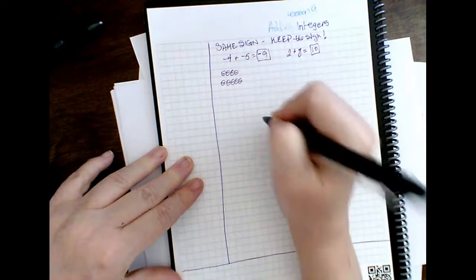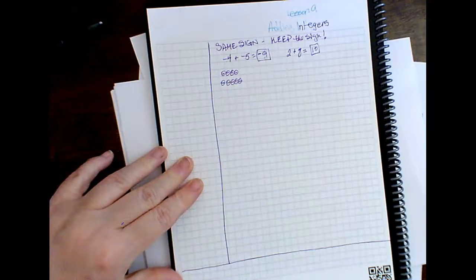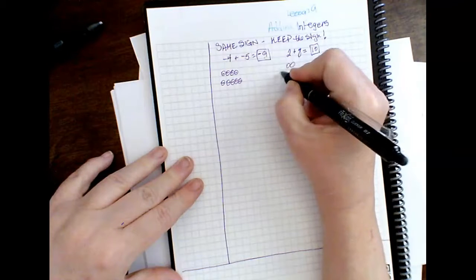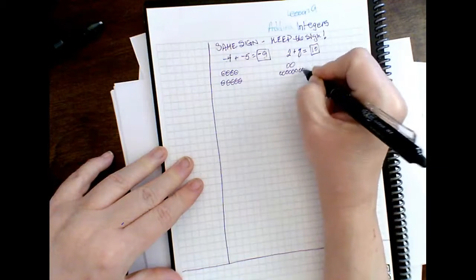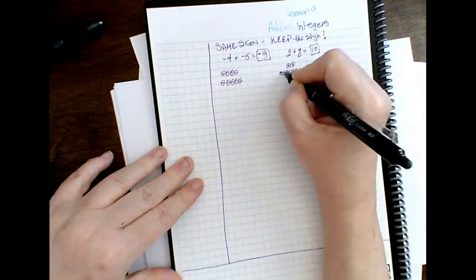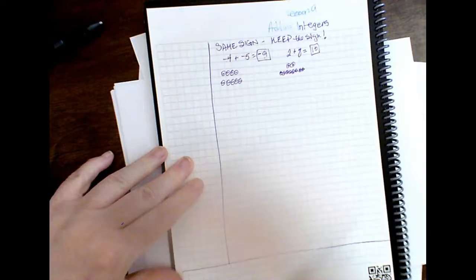I have 9 negatives. Boom, just like that. I just drew little flippy coins. So this one would be 2. And they're all positive. Put a little plus inside there. Alright. And that's how I get those.